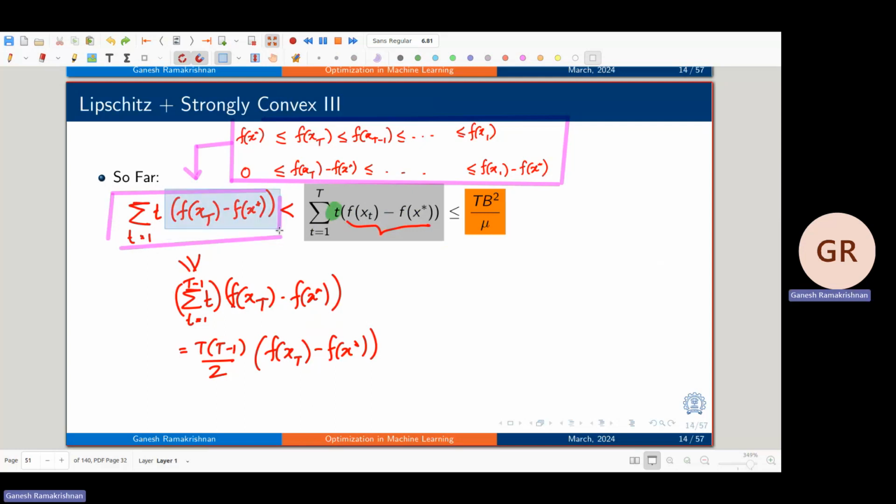I can take it out. So it will become a summation of this small t. Upper index is t minus 1. So it will be t into t minus 1 by 2, f of x t minus f of x star. Right? This is the assumption. F of x star is less than equal to f of x capital T, which is less than equal to f of x t minus 1, or you can say it's strictly less than also.